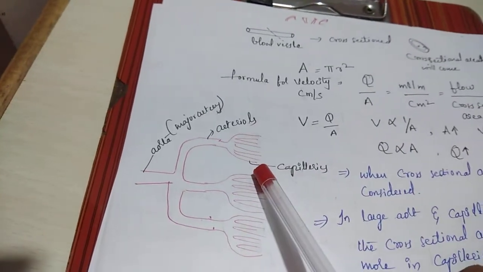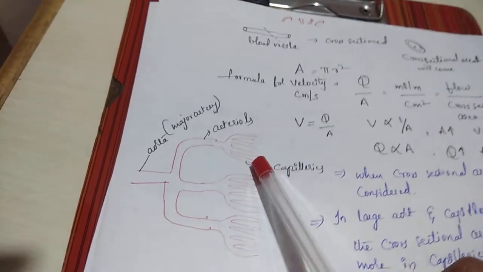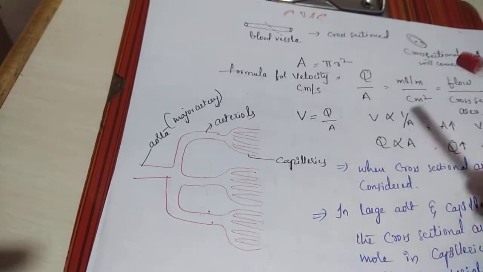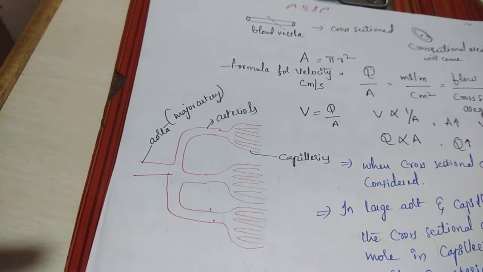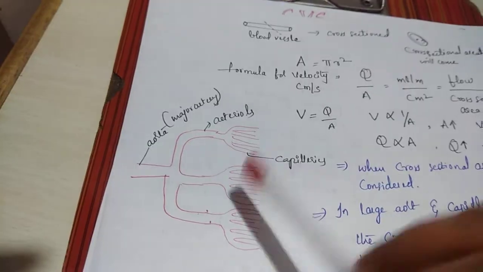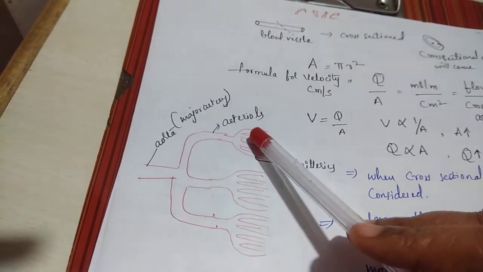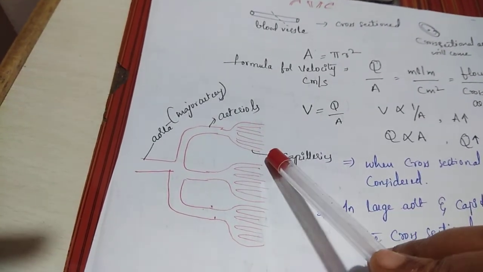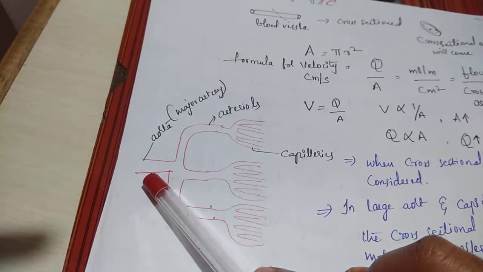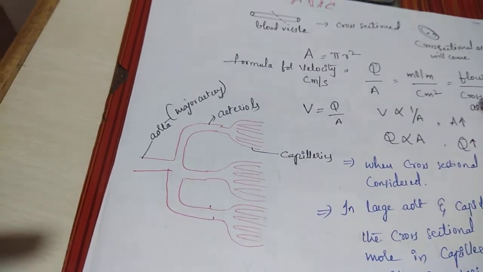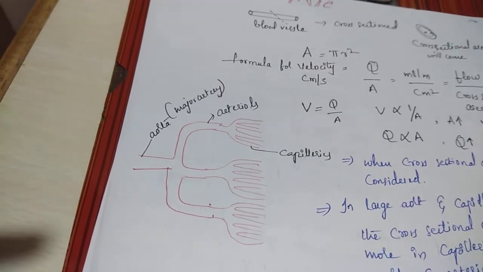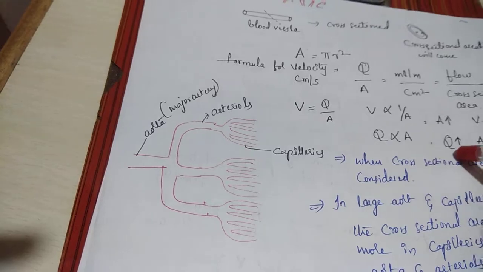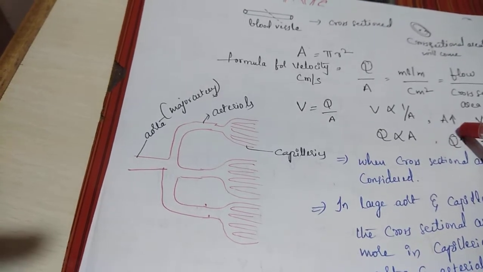So the cross sectional area is increasing in the case of capillaries. The cross sectional area increasing means the velocity of blood will be decreased in capillaries. The cross sectional area of capillaries is more when compared to the aorta, so the velocity will be reduced, and the flow rate will be increased.